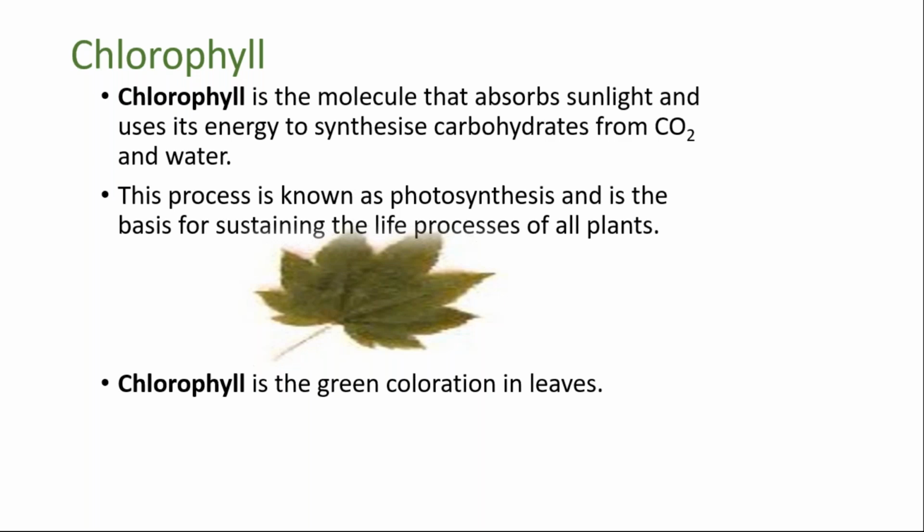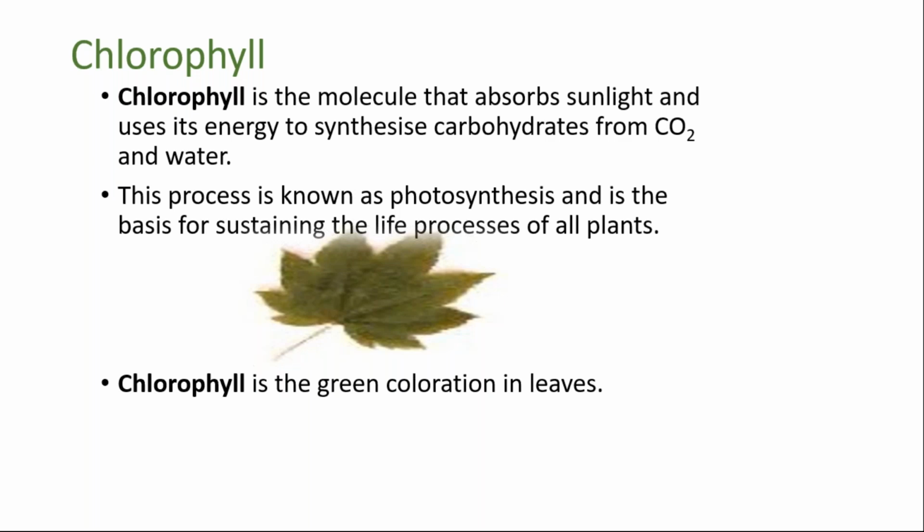It absorbs packets of light called h nu, the sunlight, and it is used to convert the carbon dioxide and water into carbohydrates for the plant. So the plant uses carbon dioxide and water to synthesize carbohydrates, giving out oxygen, unlike humans which use oxygen and give out carbon dioxide. This process is known as photosynthesis, and it is the basis for sustaining the life processes of all plants.